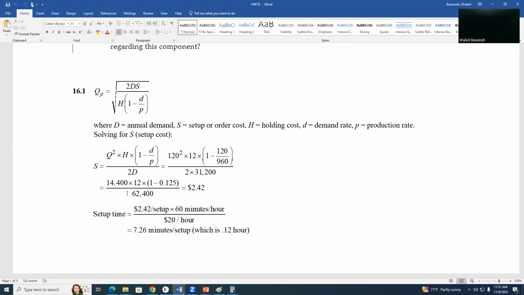And then the setup time costs $2.42, which means the labor cost, it's minutes, right? If you pay $20 per hour, so you divide the 2.42 by 20, okay, and then convert it to hours only.